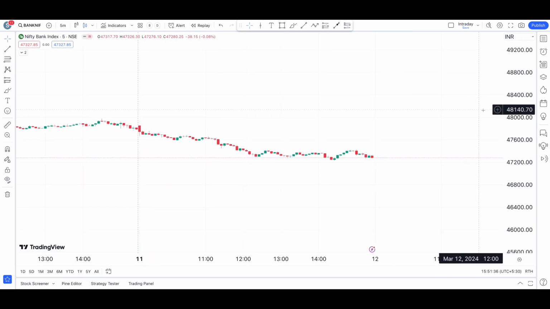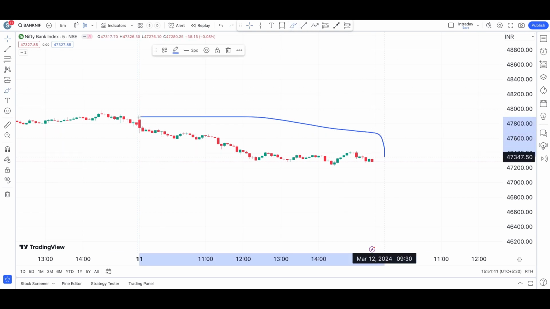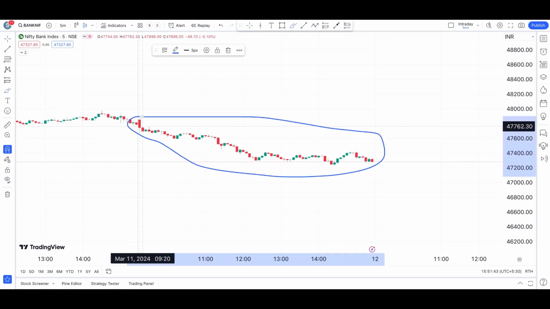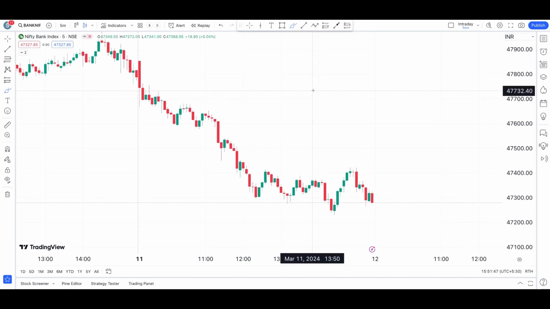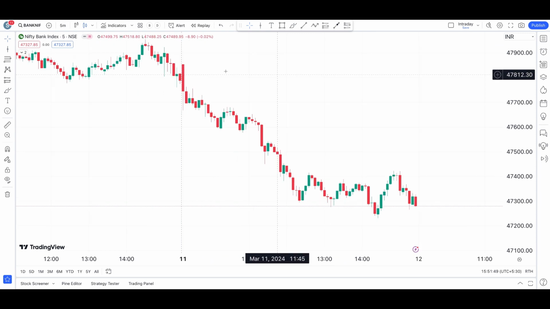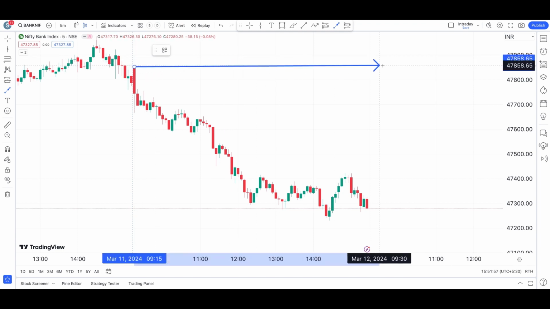So here we have the entire price action of Bank Nifty. If you scale this up, you can see that it's a pretty good trending day towards the downside. It started from there, and right from the opening, Bank Nifty never came back even to test that level.